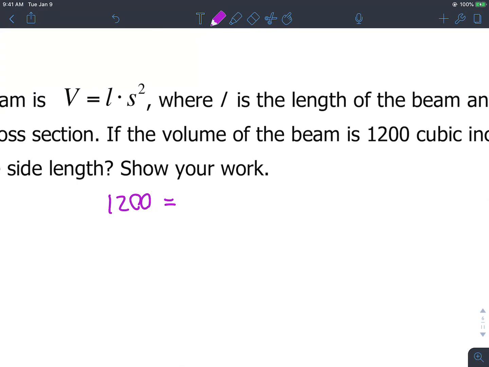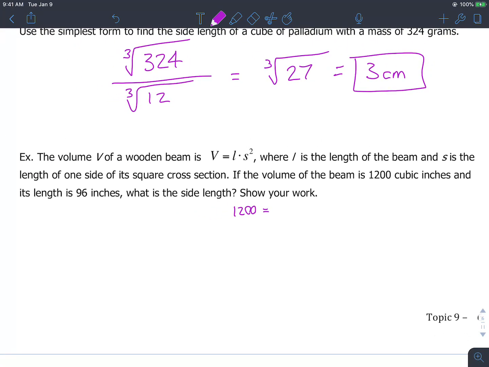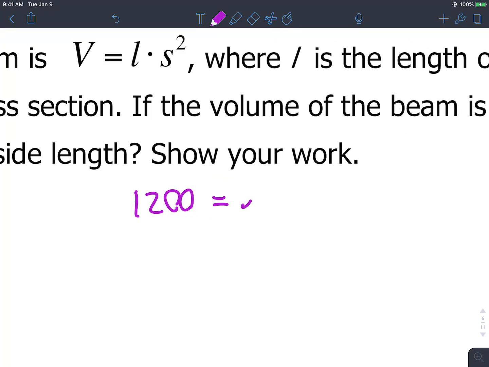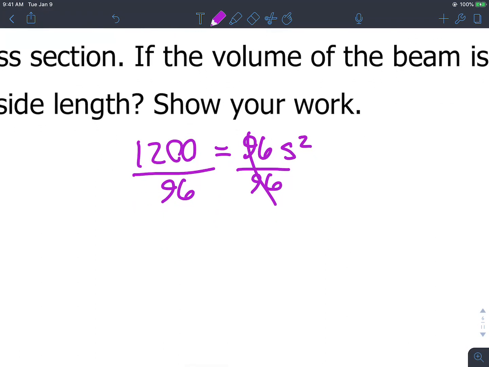We got the 1,200 cubic inches, the length is 96. So we got 96 and then S squared. I guess we're essentially solving for S right there. So we're going to do this by dividing by 96 first. I would do the square root as your last step.